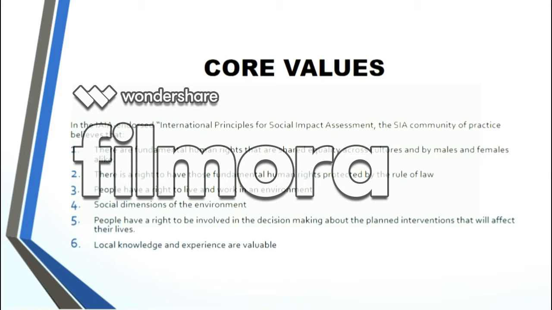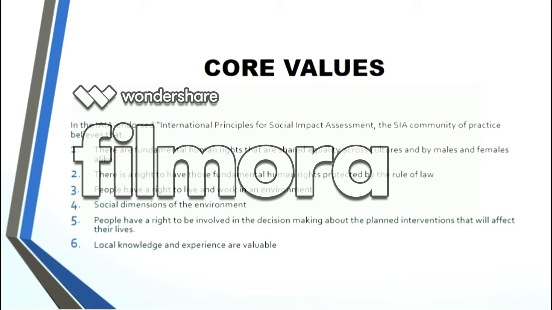Number 3. People have a right to live and work in an environment which is conducive to good health and to a good quality of life, and which enables development of human and societal potential.